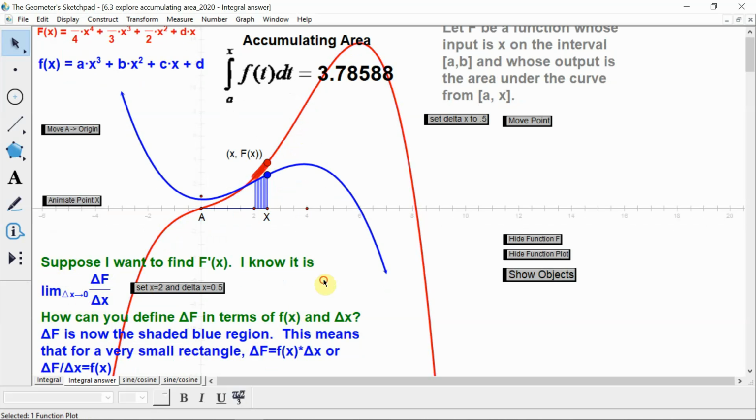red function. So I asked this question thinking about little f. So this is little f, blue. And so I say, how can you define delta f, so the change in the y values here, in terms of f of x and delta x?